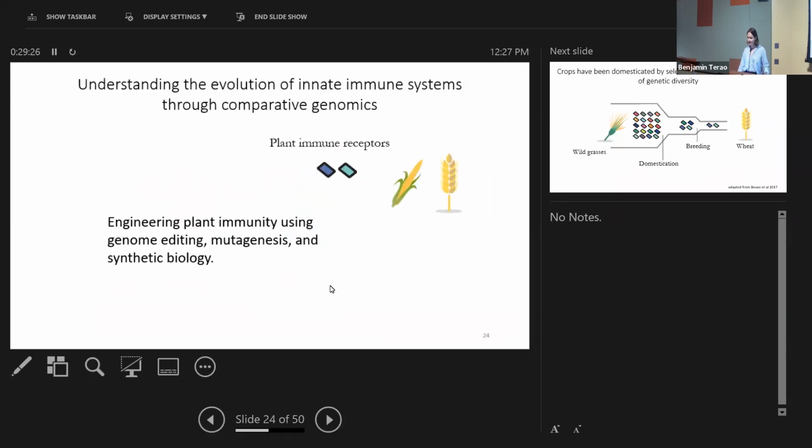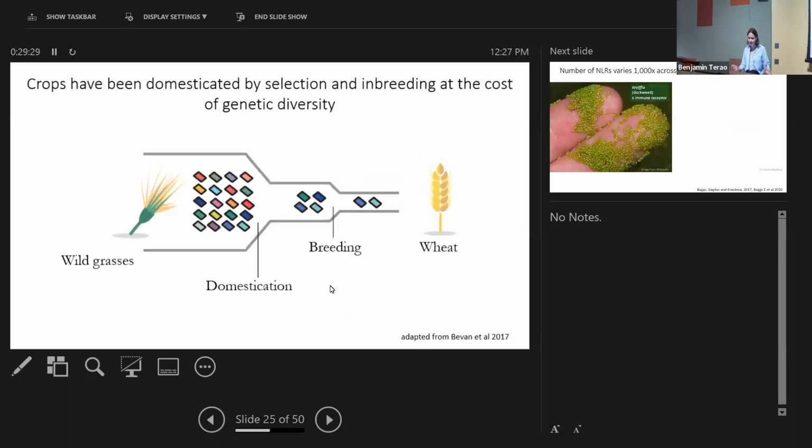So kind of the next paradigm, okay, we can start to understand the evolutionary space of the disease-causing molecules. Now let's look at the plant side. What happens in plants is in wild populations, you have a lot of diversity in immune receptors on a population level, even within single species.